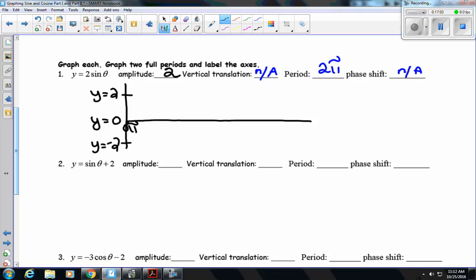Period is, so I come to the end and I'll label 2 pi. The period gets divided into 4 equal parts. So go halfway, there's pi, and then go in between those, pi over 2, 3 pi over 2.